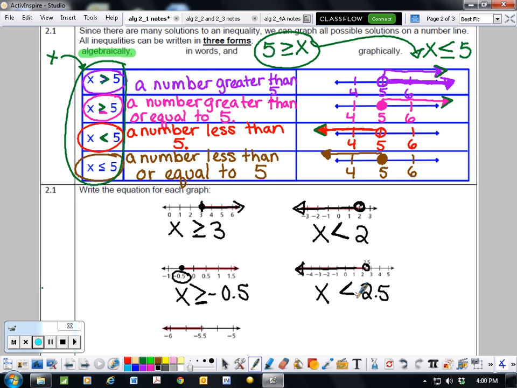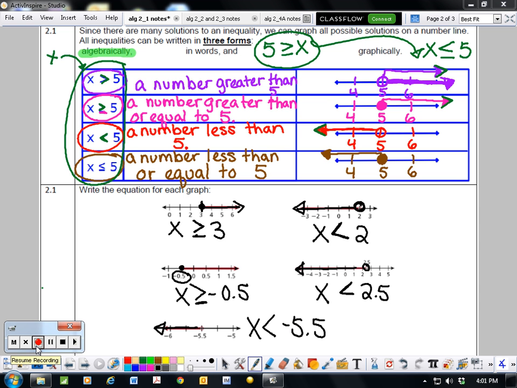Our last one, our value is negative 5.5. The arrow is going to the left, so it's going to be a less than. And to be honest, I can't tell just by looking at it if it is an open dot or a closed dot.